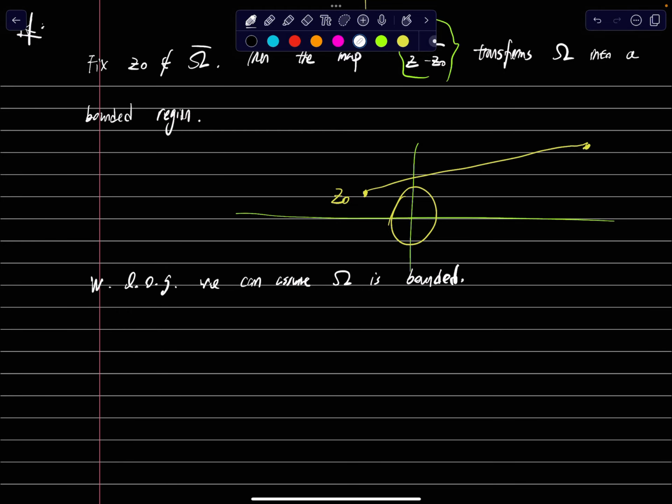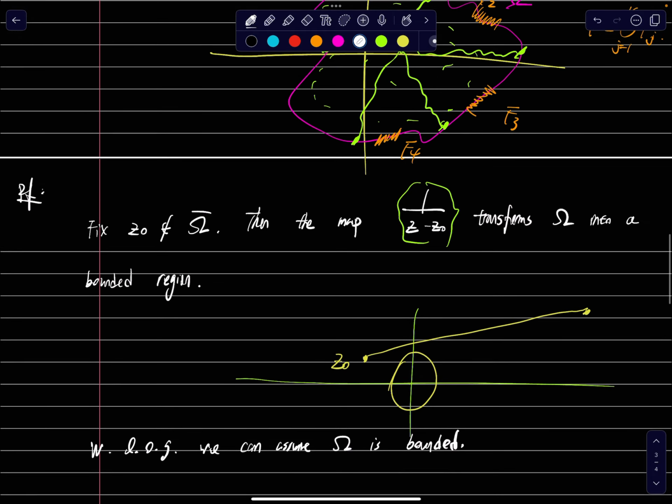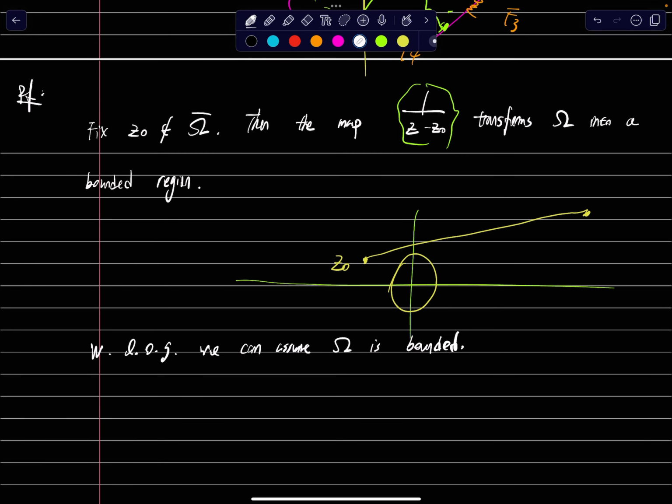Okay, so now if 1.2 holds for all zeta in the boundary, then this is nothing but the ordinary maximum principle.